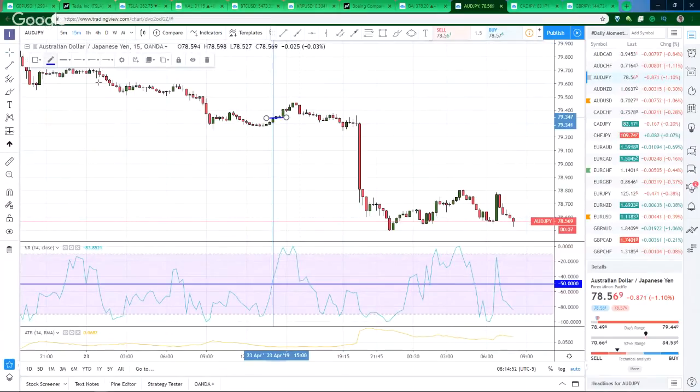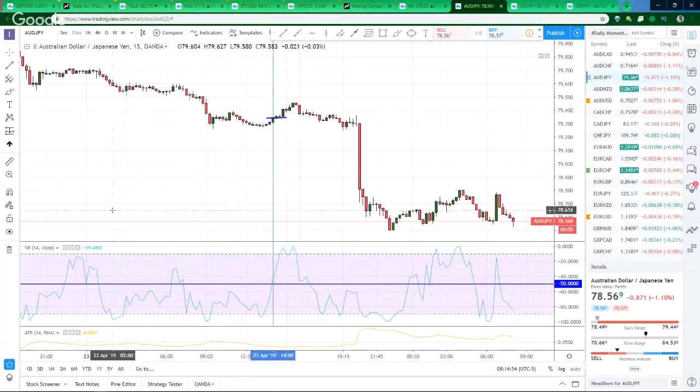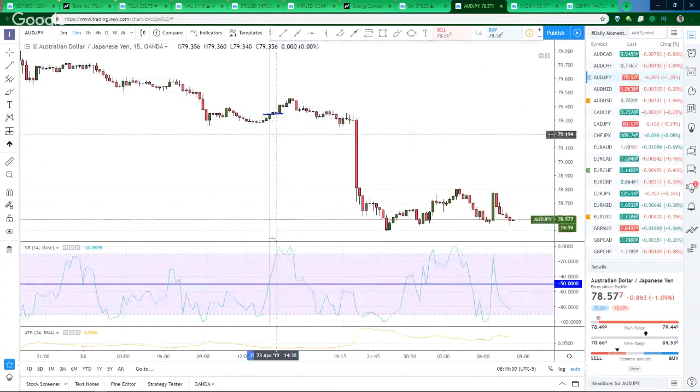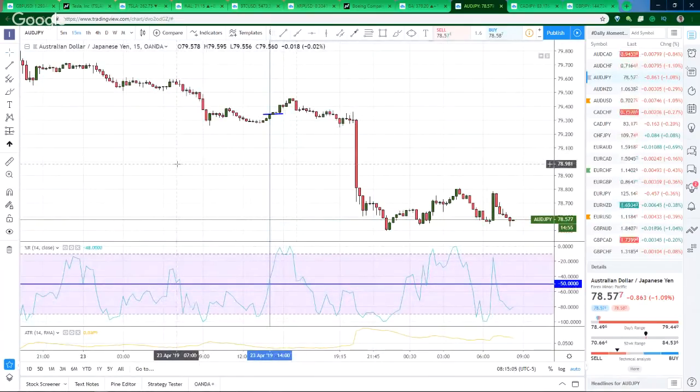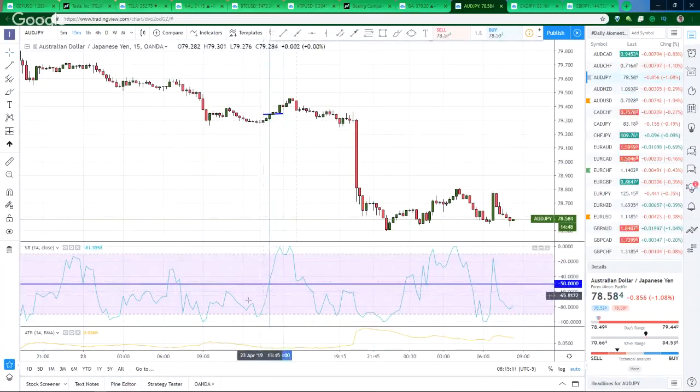I'm going to turn this line blue. That's our entry right there on this candle. So at the close of this candle, we got the cross, we go long. It's as simple as that. Now, I'm going to talk more about money management, stop losses and take profits in just a minute. I just wanted you to see what this looks like.